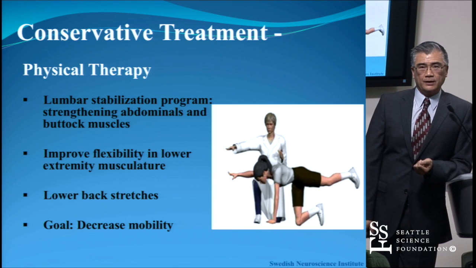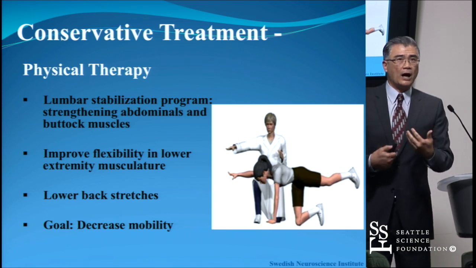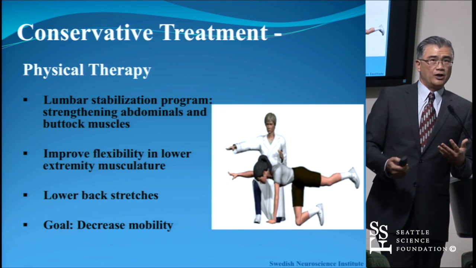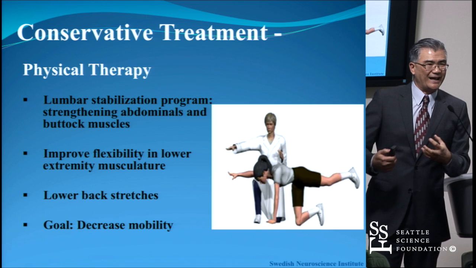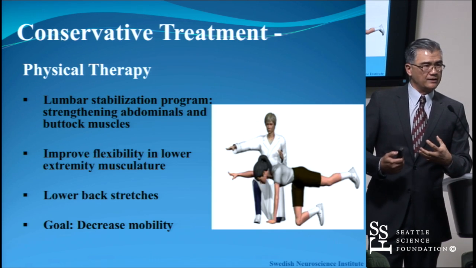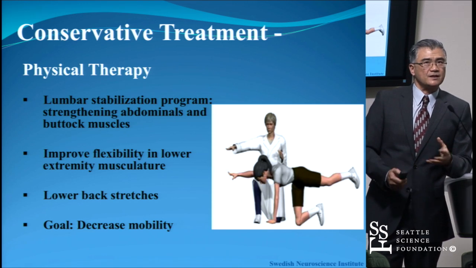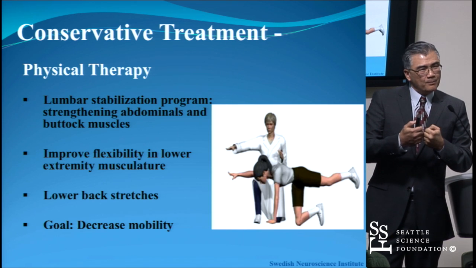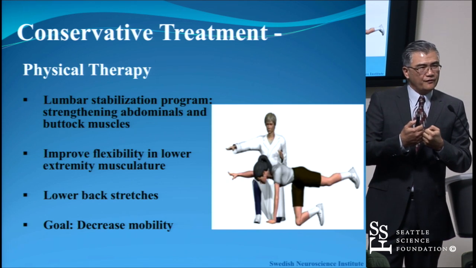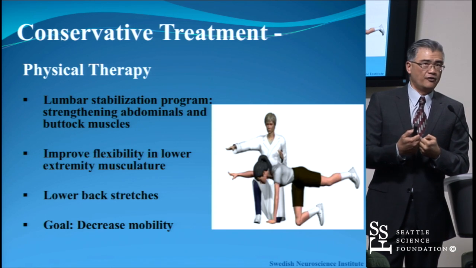So physical therapy, some of you, especially the physiatrists, know better than me how to do that. But the goal is to decrease the mobility. Probably it is to tighten up the muscles around the SI joint to increase the stability, decrease the mobility. It's a non-mobile joint, but this micro motion of a few millimeters with so many nerve endings can cause a lot of pain.